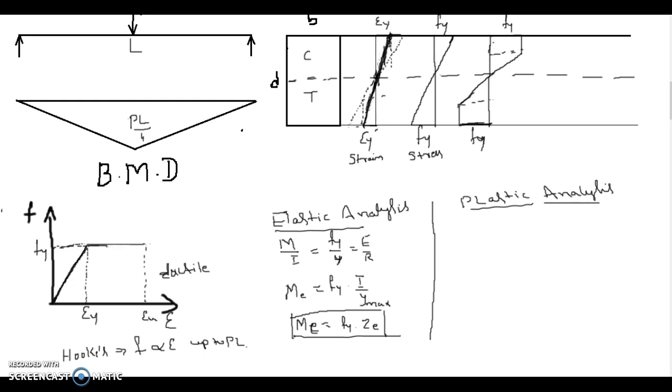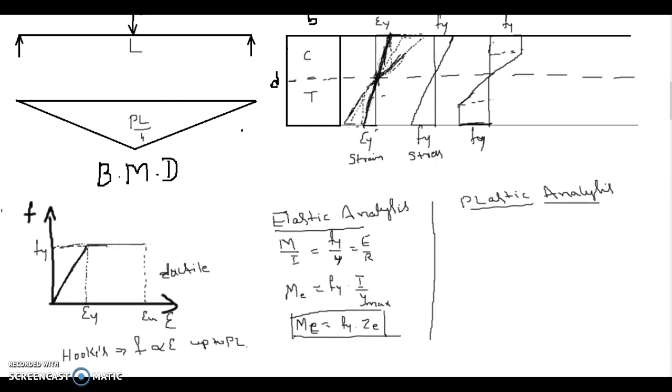Now if this is how it happens, and if you further increase the load, what happens? The strain here increases to a very high value. That is, all the fibers in the section have yielded.